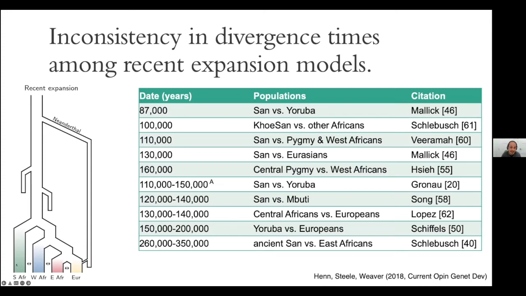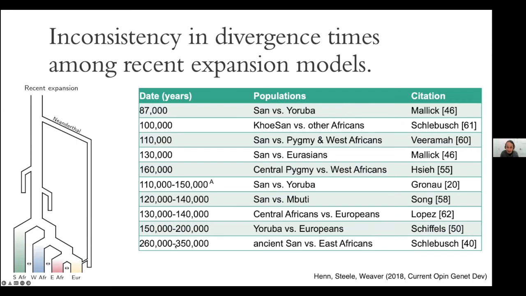Whenever you consider, say, South African populations with any other populations, the split time should be consistent. The message of this table is that these estimates are all over the place. Even when you consider the same data and the same populations, like the San in South Africa and the Yoruba in West Africa, we have estimates going from 90,000 years to maybe 140,000 years, and with slightly different populations you can even push it to 200, 300,000 years.